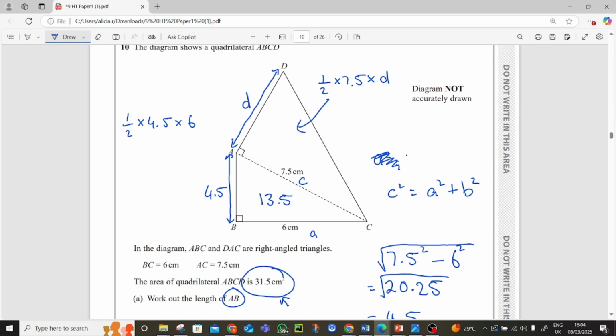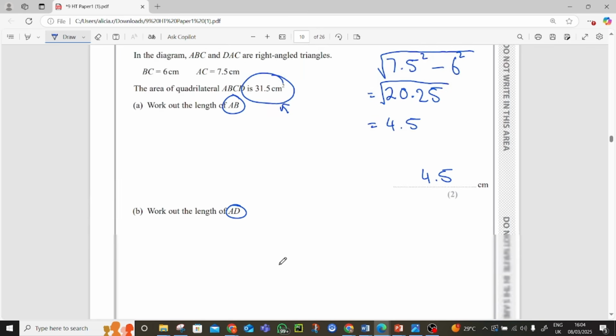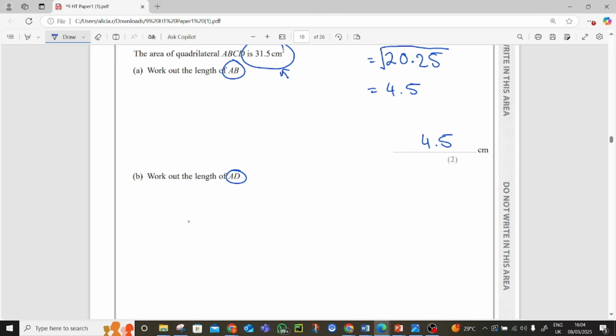So I am going to now form an equation. I'm going to say that the area of the triangle that we worked out, so that was 13.5, plus the one that we don't know, which is a half times 7.5 times that length that I called D, is going to be equal to the total area that we have, which is 31.5. And then we can solve this equation.